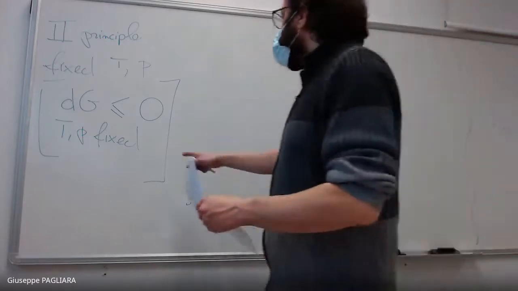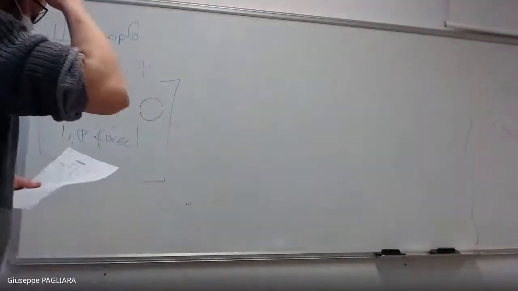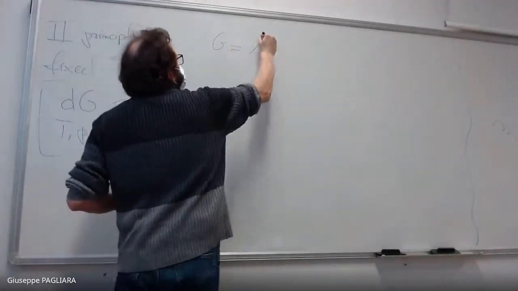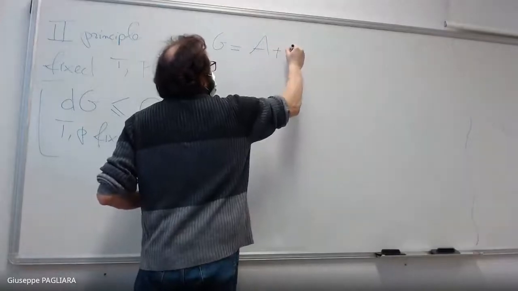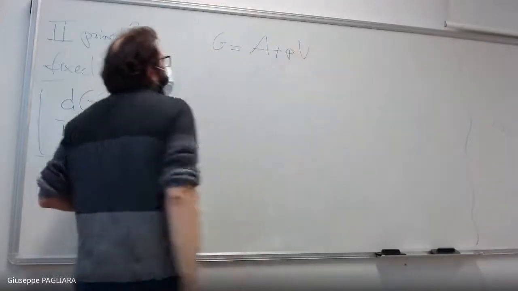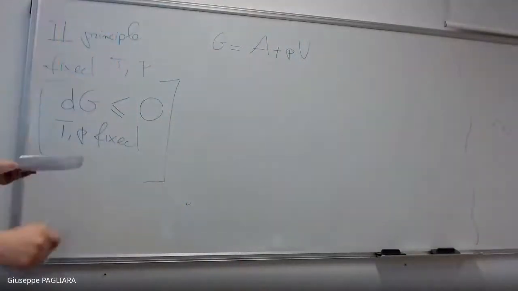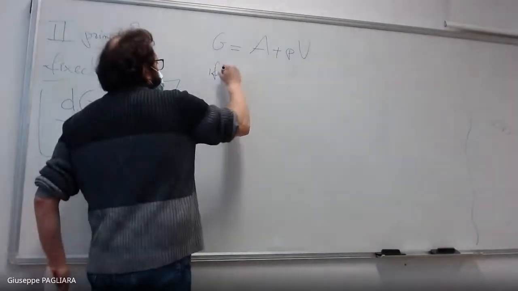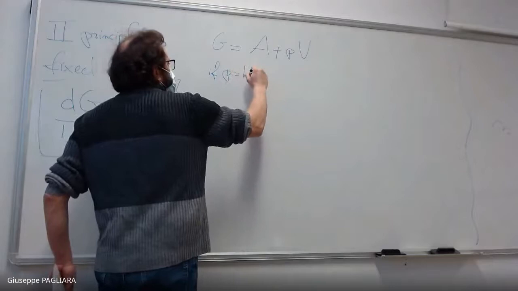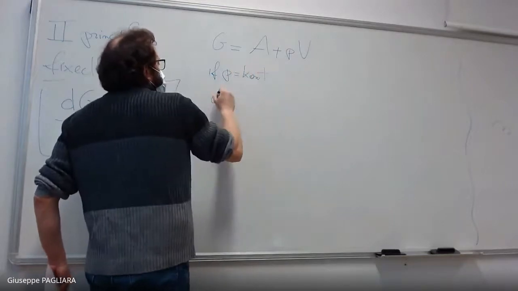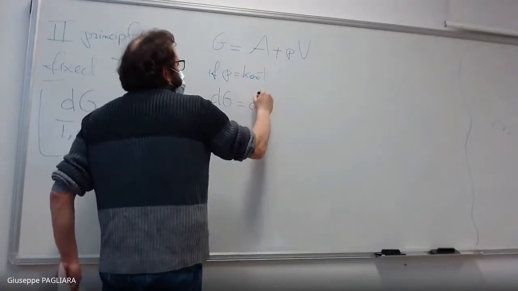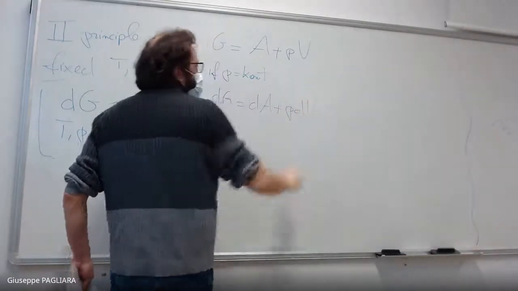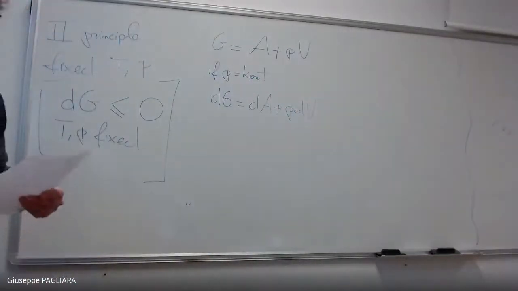Now, to derive this result is actually not very difficult, because G was defined as A plus PV. Now, if I work with fixed pressure, if P is constant, dG is equal to dA plus PdV, right?